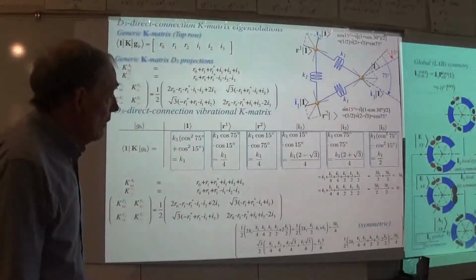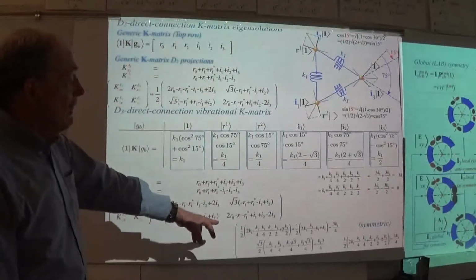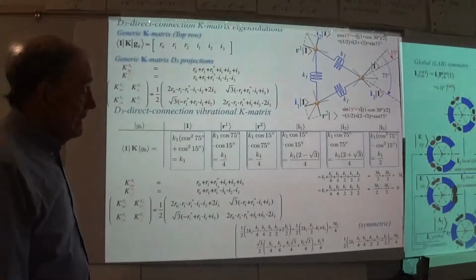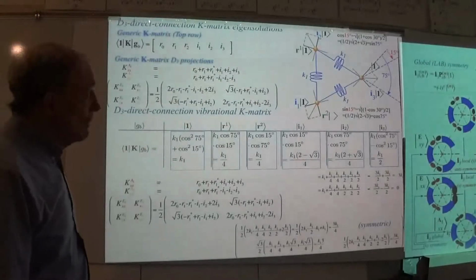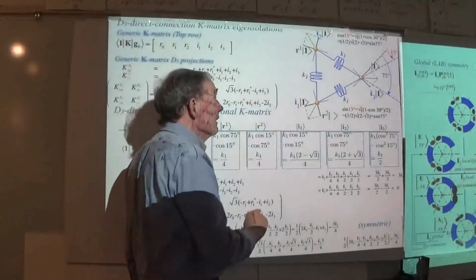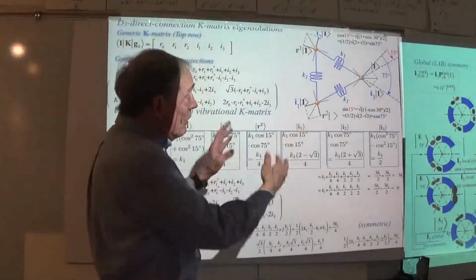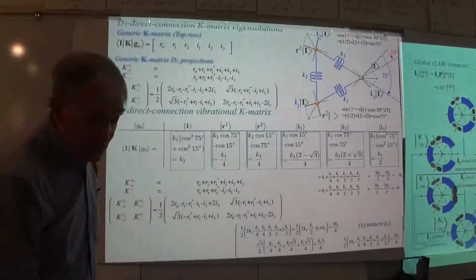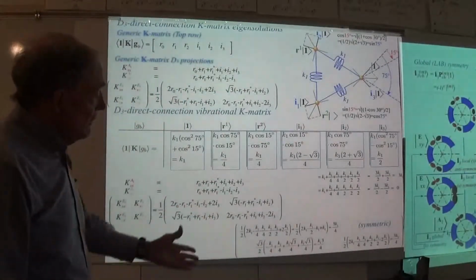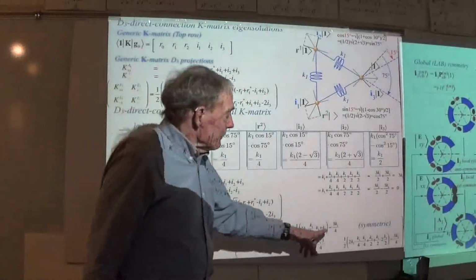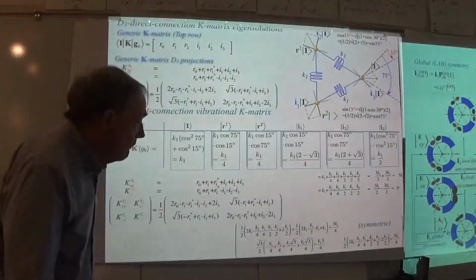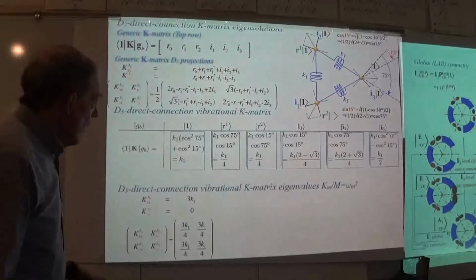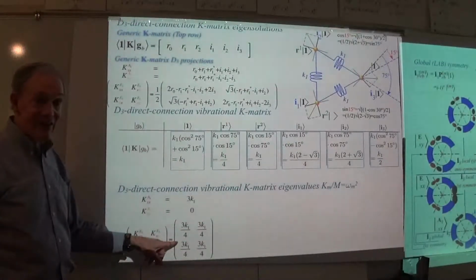So that's the matrix that we need to solve in terms of the constant K1. We've only got one constant here. This one, as it's shown, is not attached to the laboratory. We're going to do an animation of one that is. But there's the matrix down there, 3K over 4 in all positions.